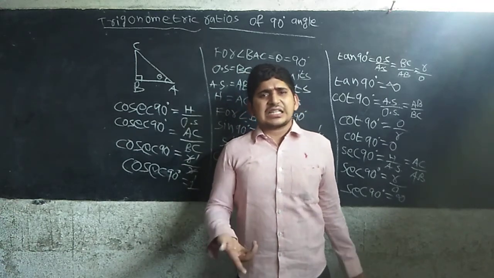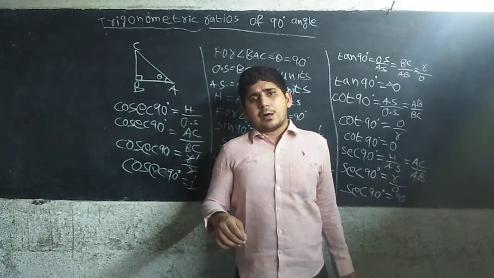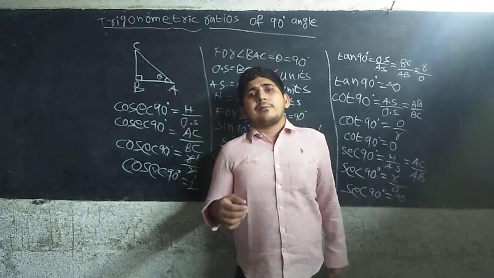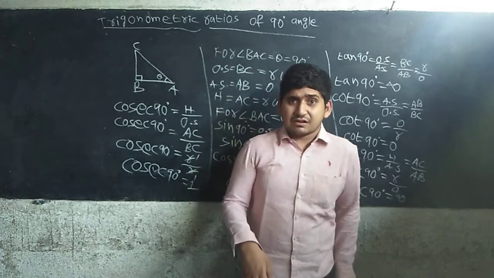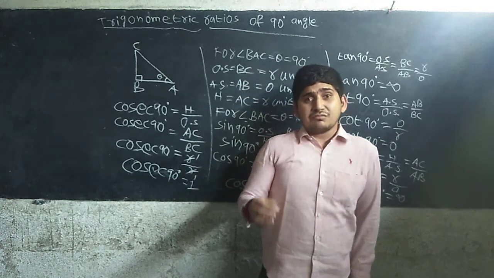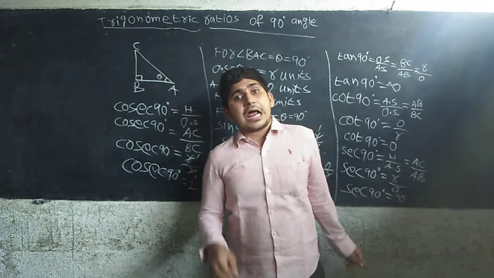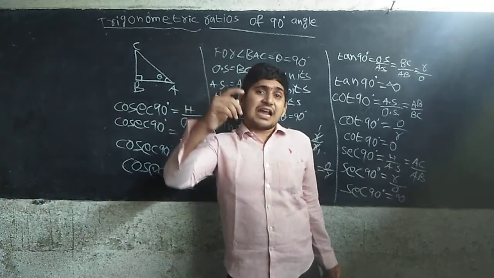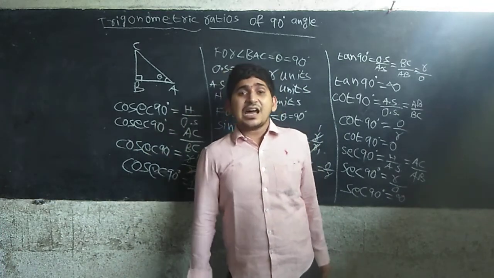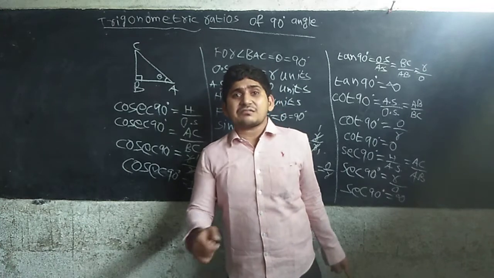The table that contains the values of all trigonometric ratios of some specific known angles, arranged in rows and columns, is known as trigonometric table.